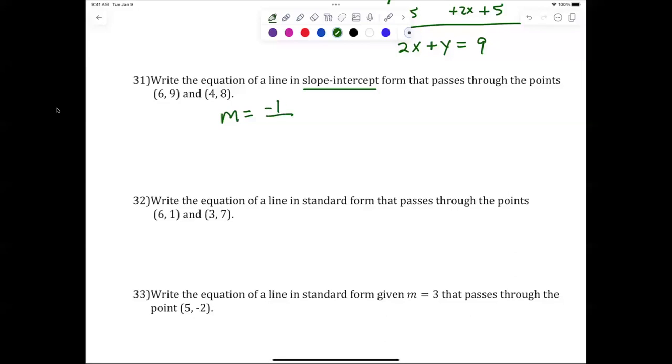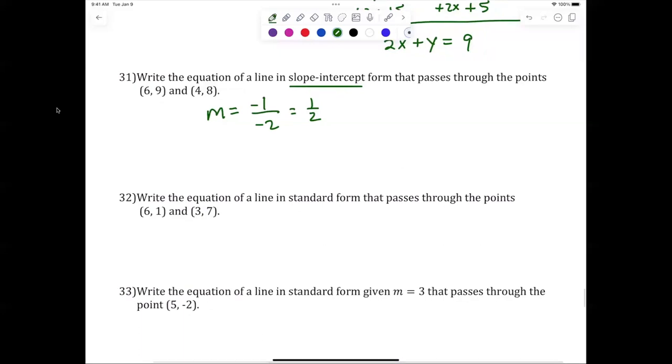And then what's the other one? Do you see where it's two negatives, right? Positive what? Yes, positive 1/2. You good with that? All right, so now write it in point slope form.